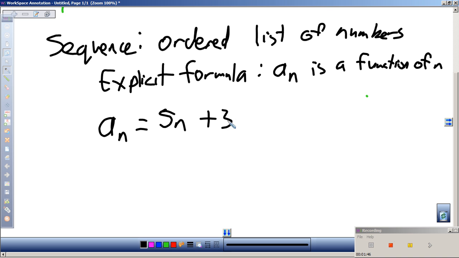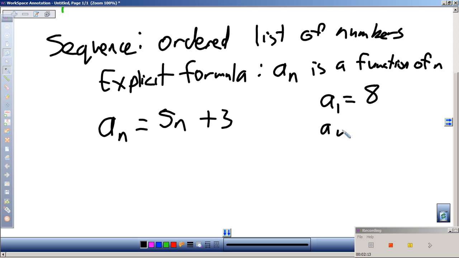And we could use this and say, what is the first term of the sequence? Well, a1 would equal what? 8. And how do you get that? Yeah, we say if n is 1, we do 5 times 1 plus 3.